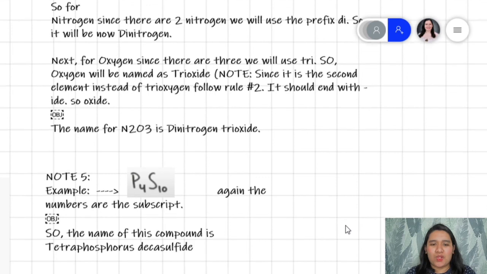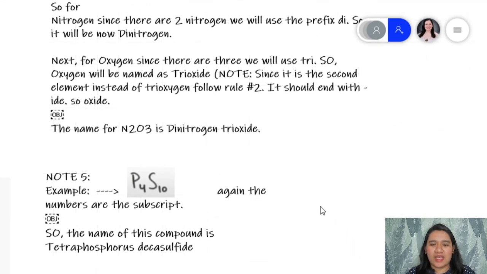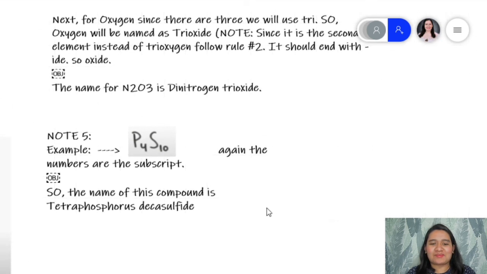Another example, we have P4S10. Again, the numbers below are the subscripts. The name of this compound is tetraphosphorus decasulfide. We have 4 phosphorus here, so we will use tetra, so tetraphosphorus. Next, the second element is sulfur.